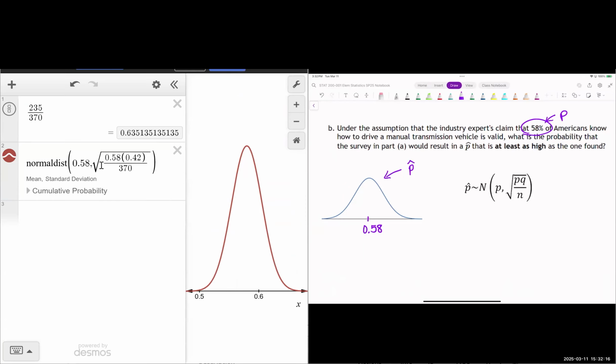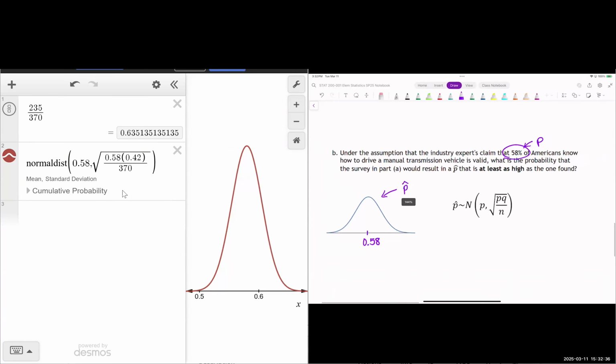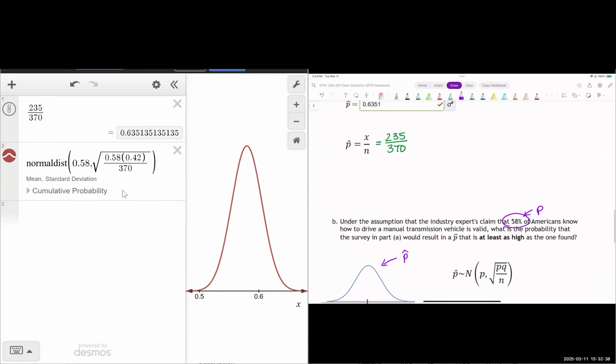So I've entered my sampling distribution over here in Desmos, normal dist with the given population proportion P as the mean, and then the standard error as given by the central limit theorem, given that we have a sample size of 370. We can clearly check and see that the large sample requirement is met.